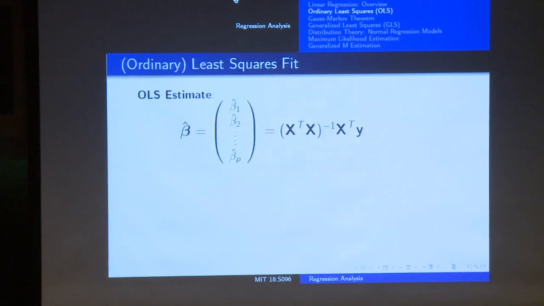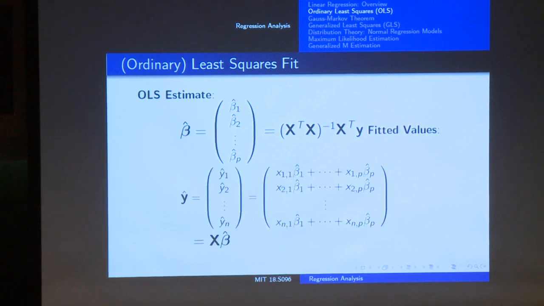All right. Now, if we plug in the value of the solution for the least squares estimate, we get fitted values for the response variable, which are simply the matrix X times beta hat.